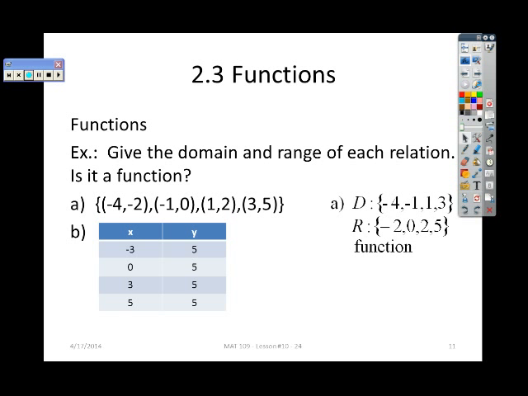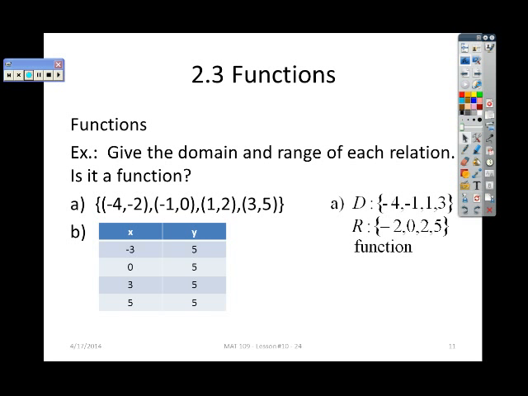You can also have relations in a table form. That's a form of a relation. You have x's are the inputs, y's are the outputs. The column here is the inputs, the column here is the outputs. So what's the domain of that relation? This group.